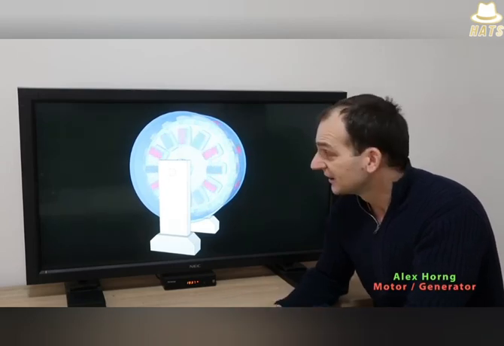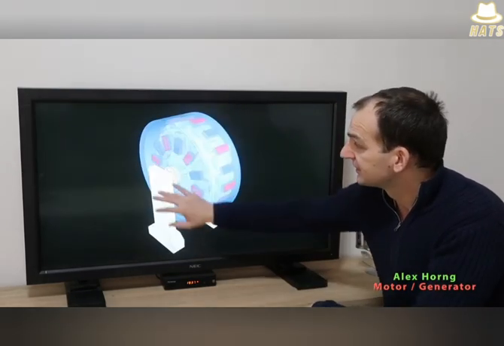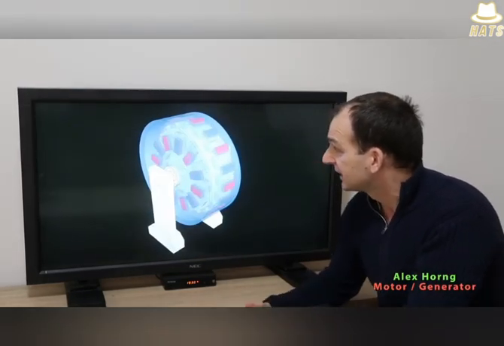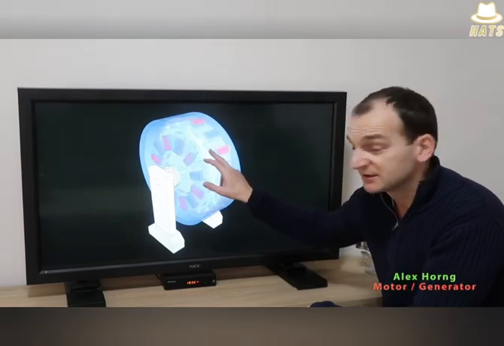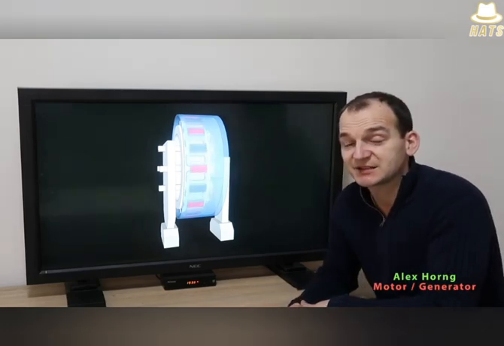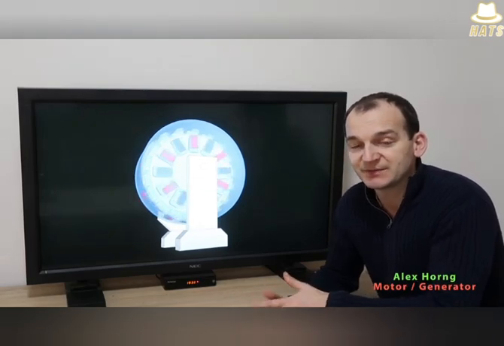Inertia is the potential energy or kinetic energy available on this rotor, so that when we activate those secondary coils which pick up the electric current, the system wouldn't stop so easily, because we already have a momentum and force created by the spinning of the motor.